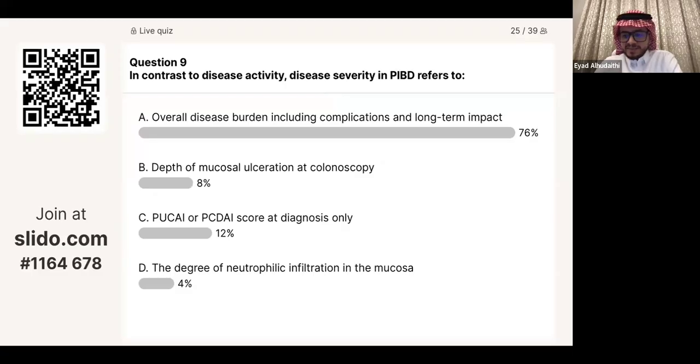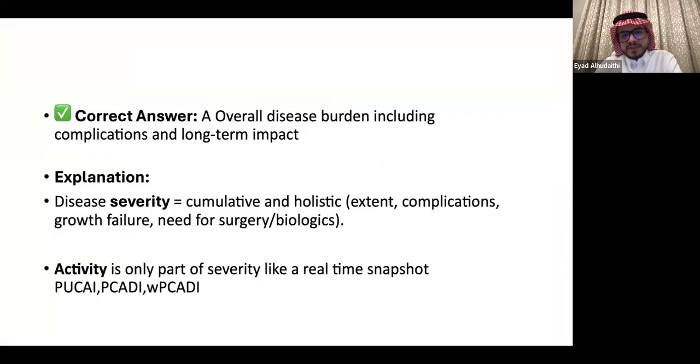So you are right: overall disease burden, including complication and long-term impact.